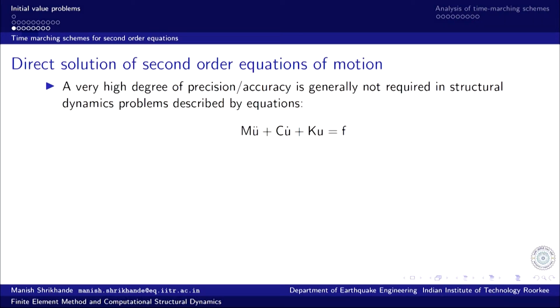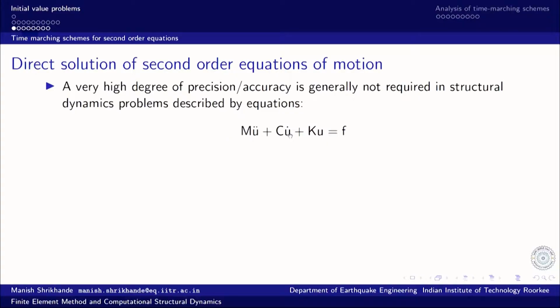We generally do not require a very high degree of accuracy for structural dynamics problems. I mean, our tolerance level is generally not very precise. So, we can do with a reasonably accurate solution. Even second order accurate techniques would serve us well.